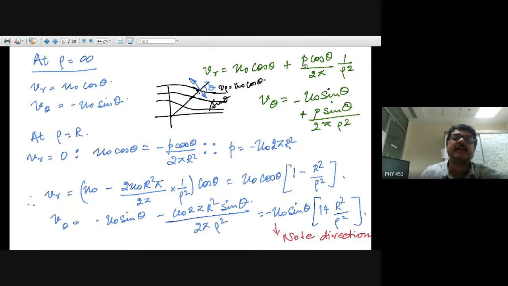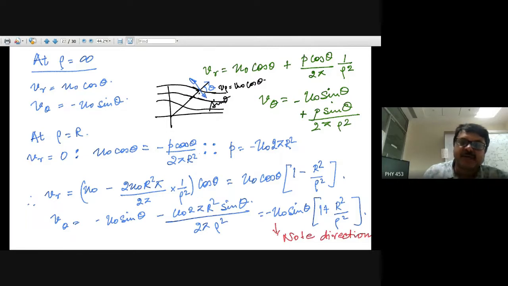But we don't know the value of P. So we know the value of U0, U0 matches, but we don't know the value of P. And to calculate that, we use the other boundary condition, which is that at rho, the cylindrical coordinate rho equal to capital R, the radius of the sphere, VR equal to 0. If VR equal to 0, then these two terms essentially will cancel, right?